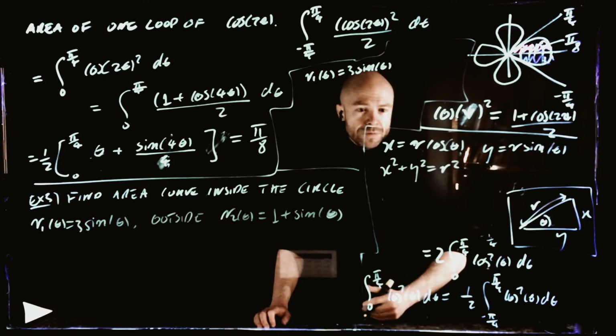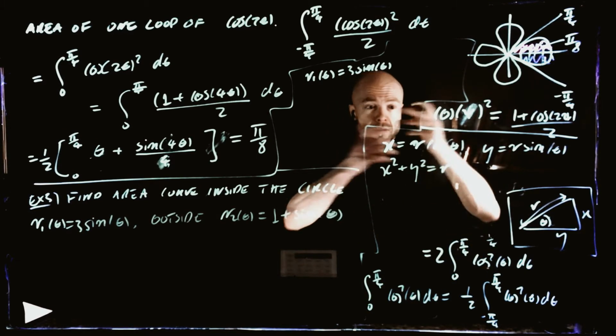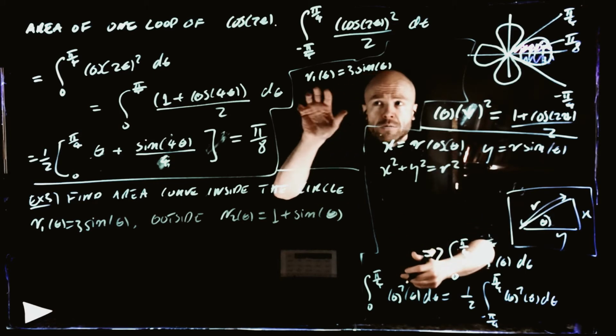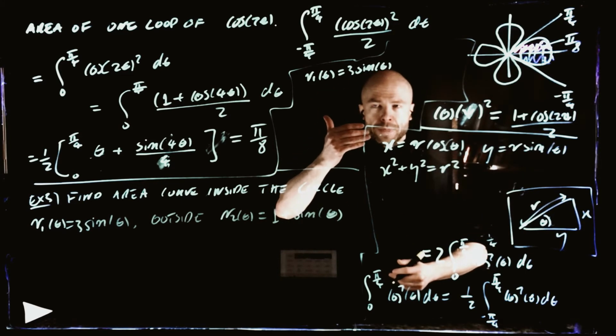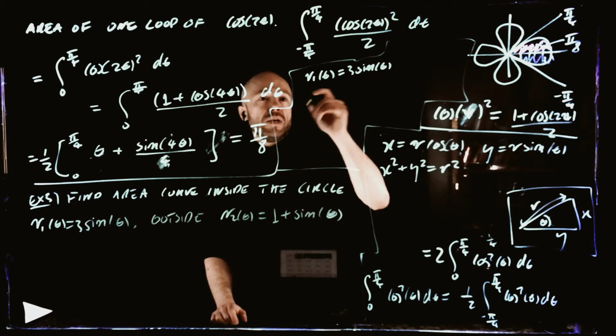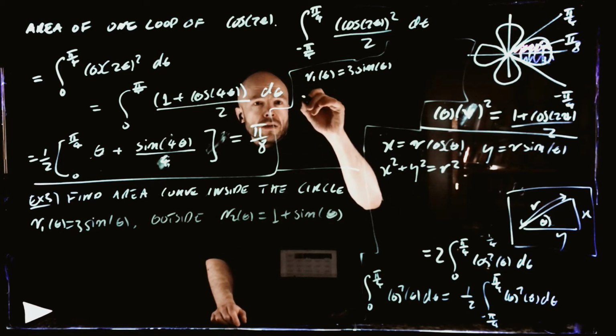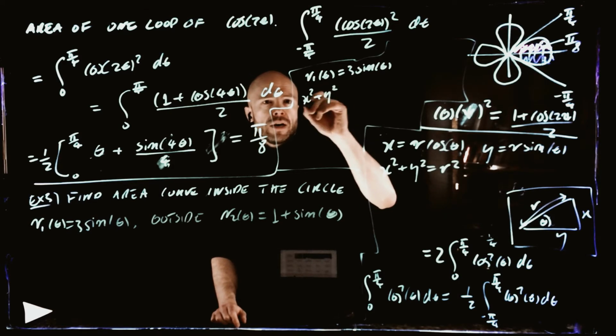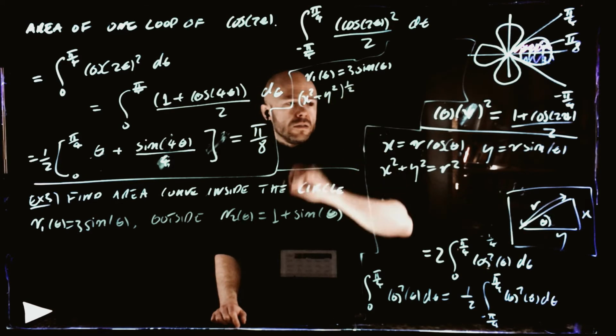Cool. With these relationships, we can try to turn things which are in terms of r and theta into x and y. This radius, we can think of as being x squared plus y squared, square rooted.